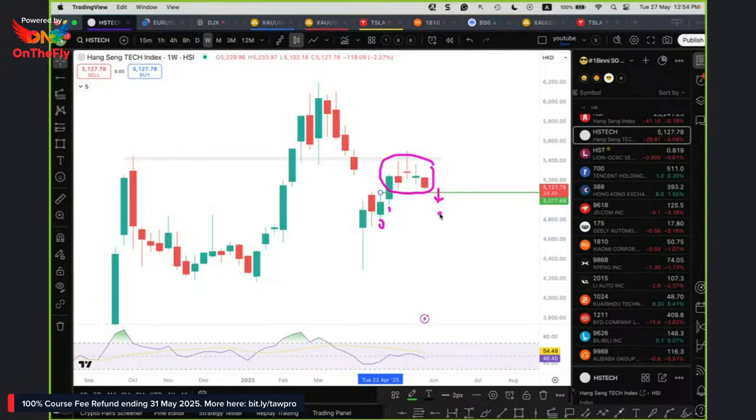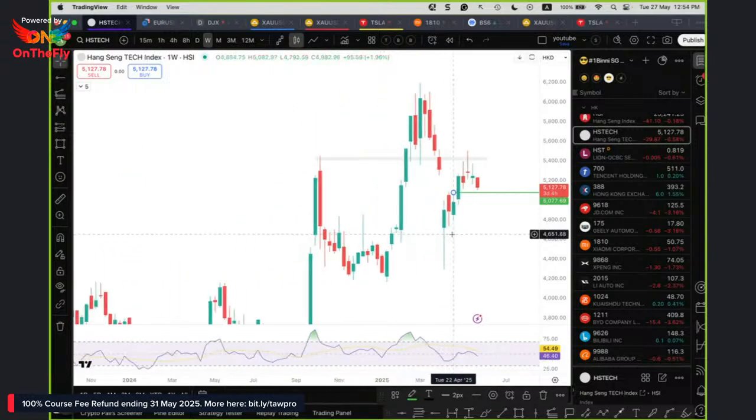If it closes back down, they are going to be sad, because whatever they bought is right now not making money. And this is in the context that we have a known resistance here and a known support here. So that's why 5,100 is very important.